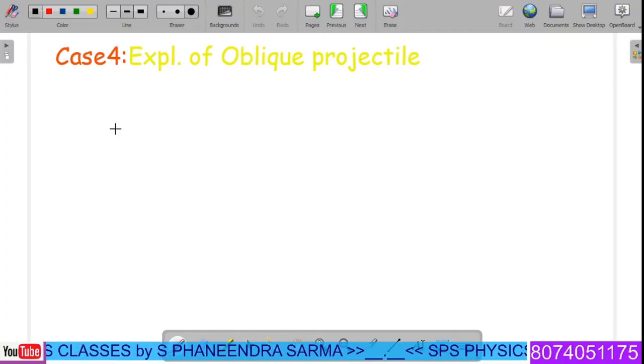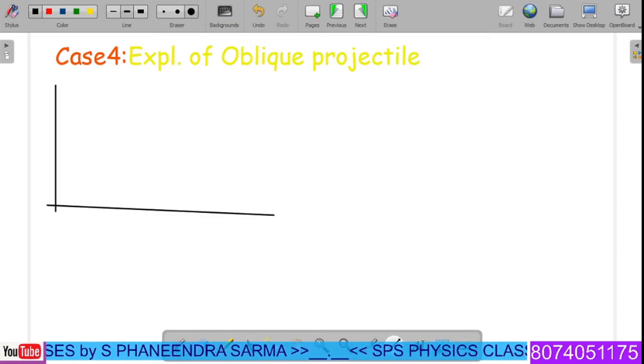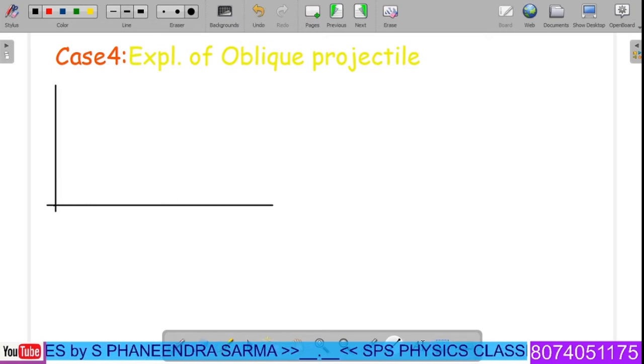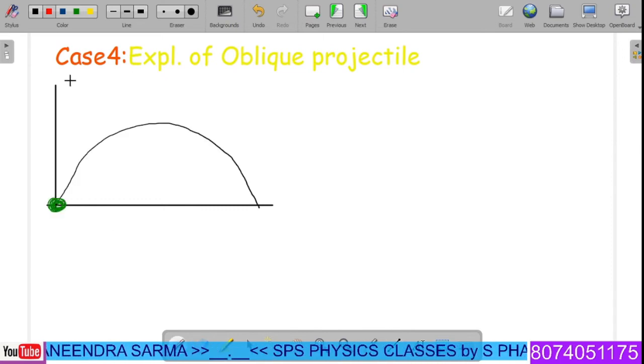Now, let us consider the explosion of an oblique projectile, one of the important cases for the examination. Suppose you consider coordinate axes like this, because this is the projectile we are imagining here.